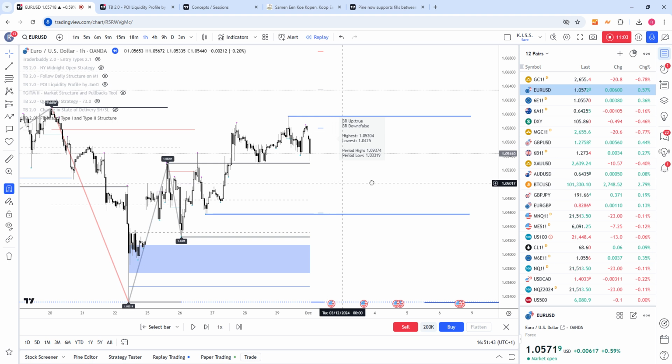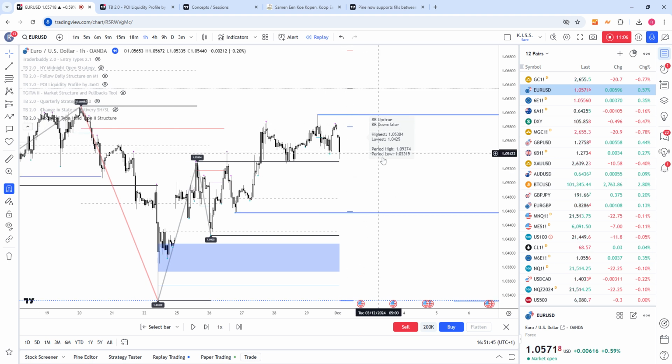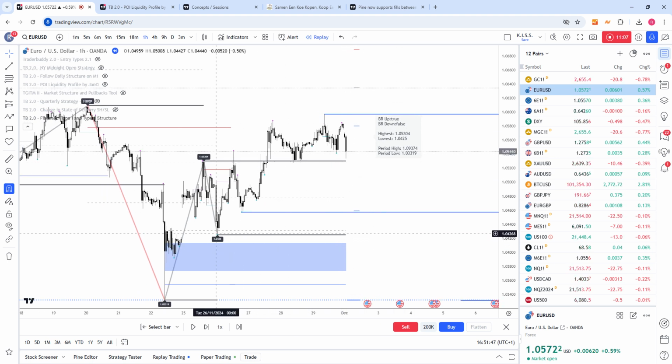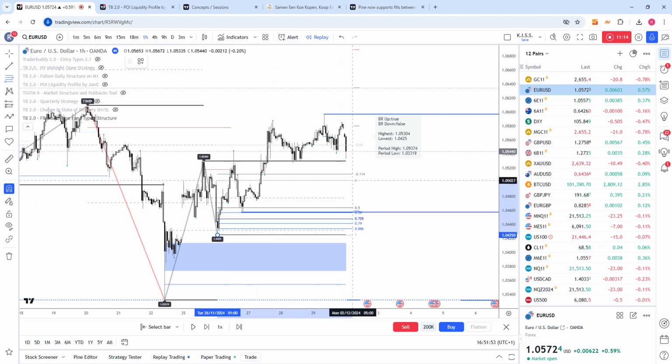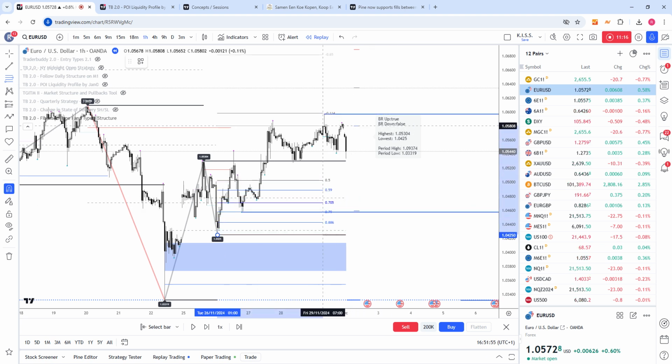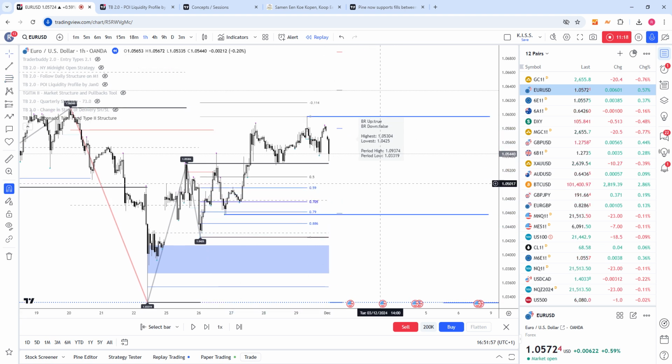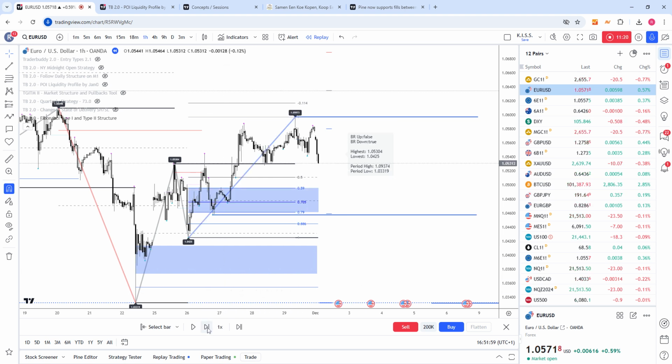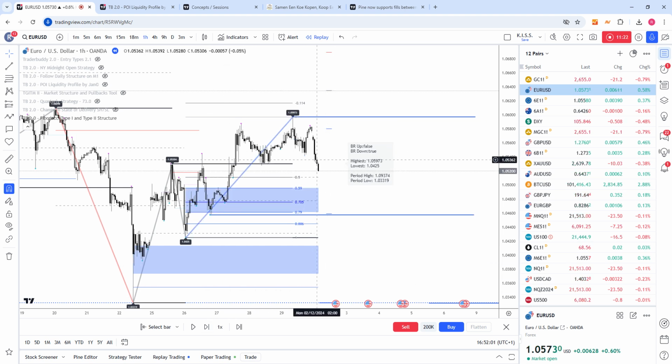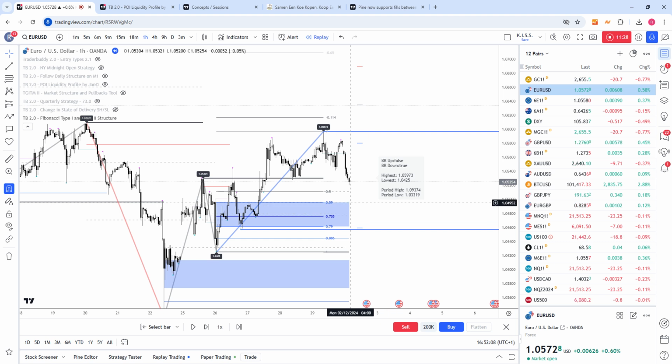And if we break up, but we have not broken up, so what we do is, that's what you learned in the course, and maybe I have to add that, we follow price with a fib, just as long as we break. Well, now we break, and now it plots the fib. So let's remove this one.